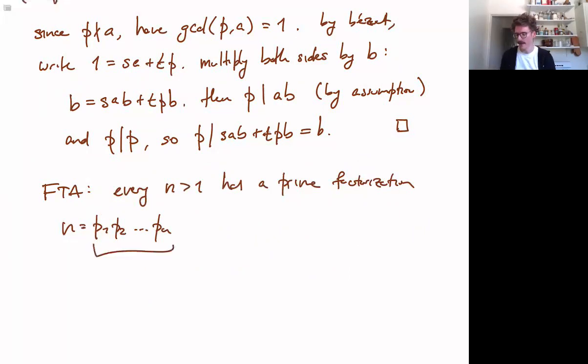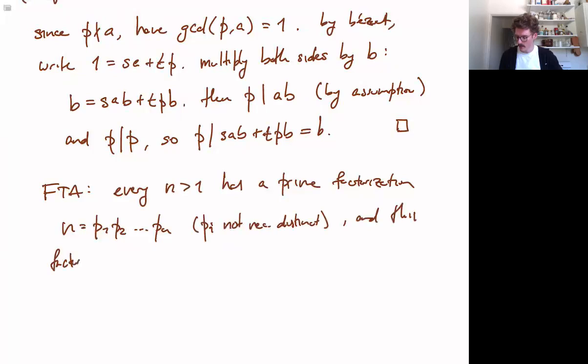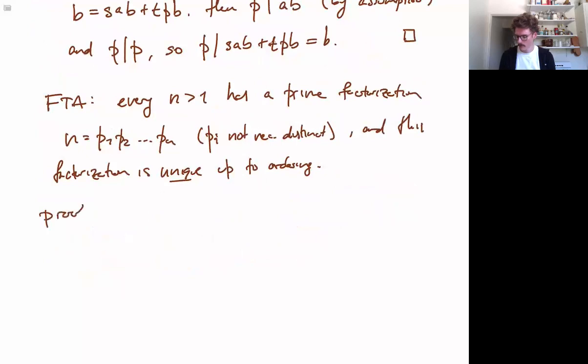I'm just going to say that these don't have to be distinct, not necessarily distinct. And furthermore, this factorization is unique up to ordering of the factors. So this is an existence and uniqueness proof. So we're going to do it in those two parts.